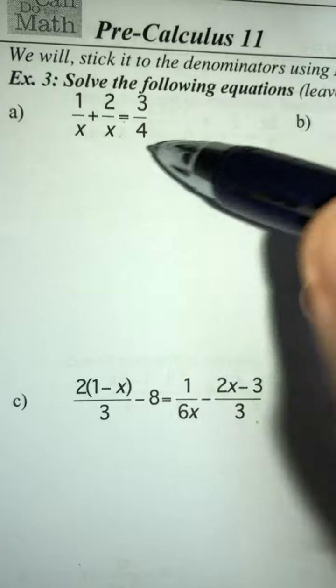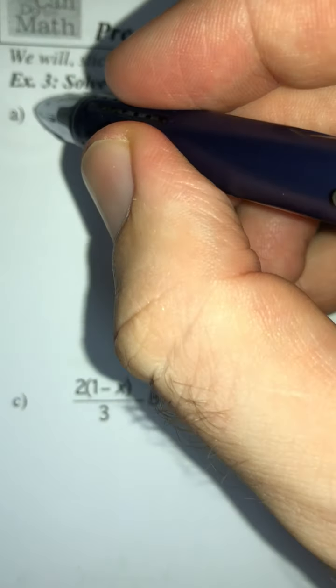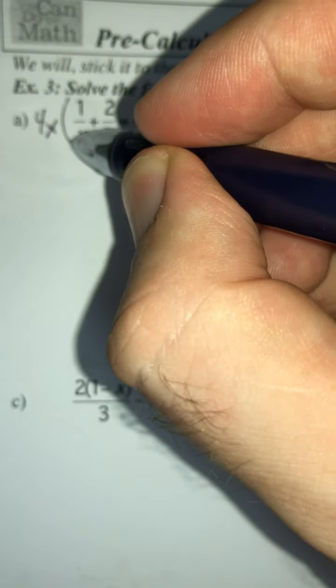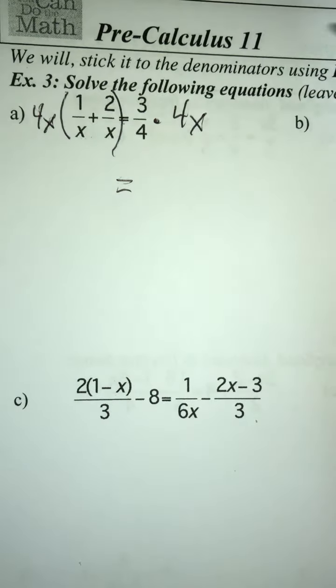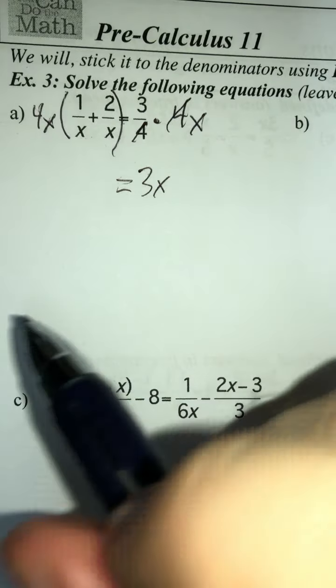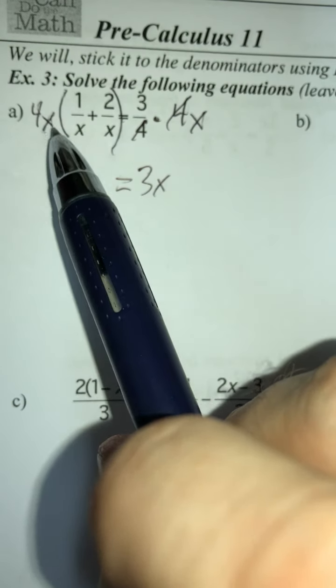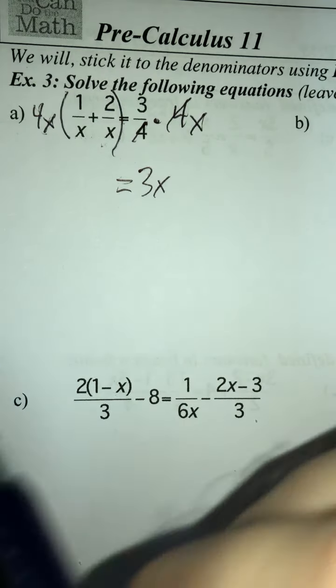So in order to cancel this out, I need to times both sides of my equation by 4x. And I'm going to multiply everything. Not just one term, everything. So in doing this, on this side, 4's cancel. So I have 3x. On this side, I have an x in each denominator, and I'm multiplying by an x, so they're all going to cancel out.